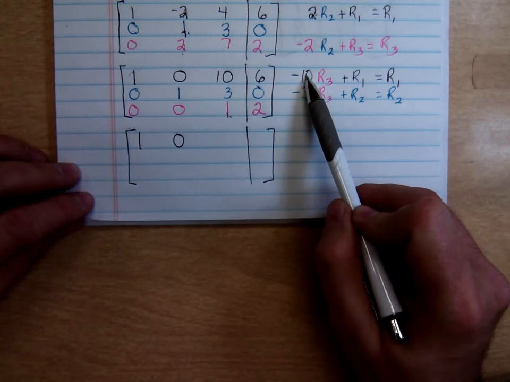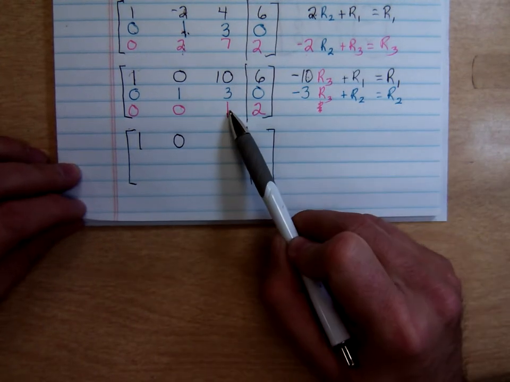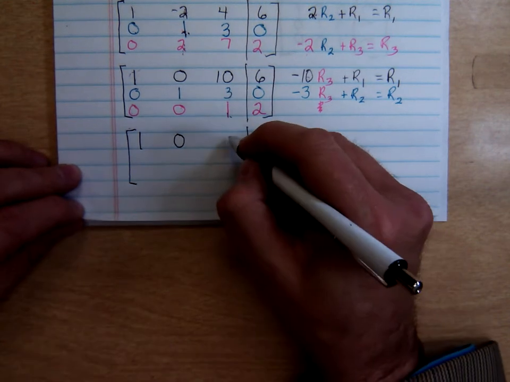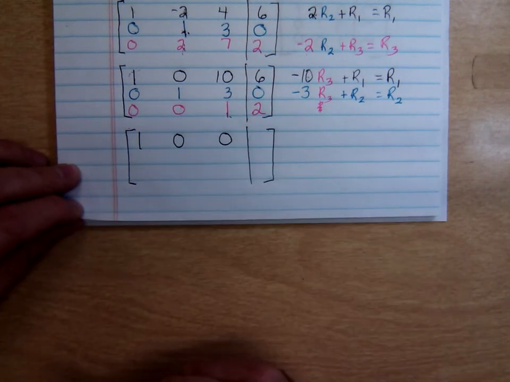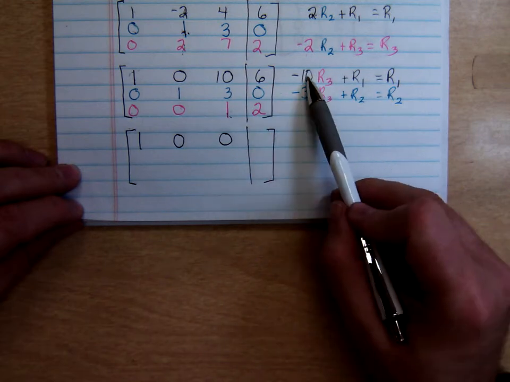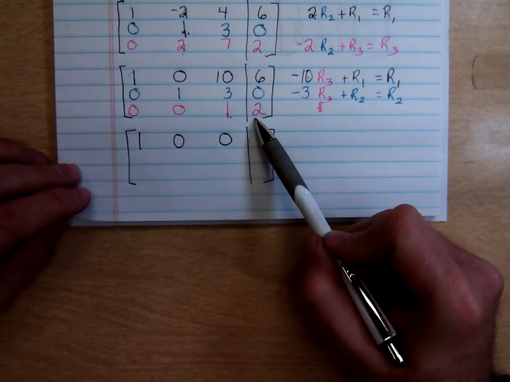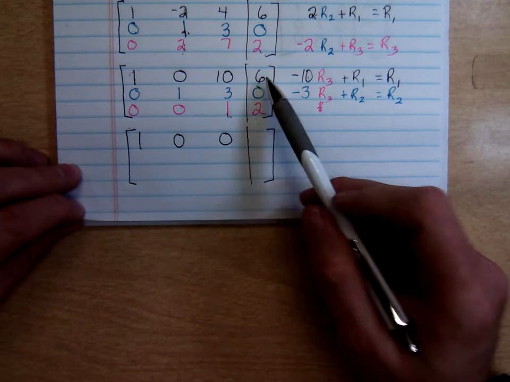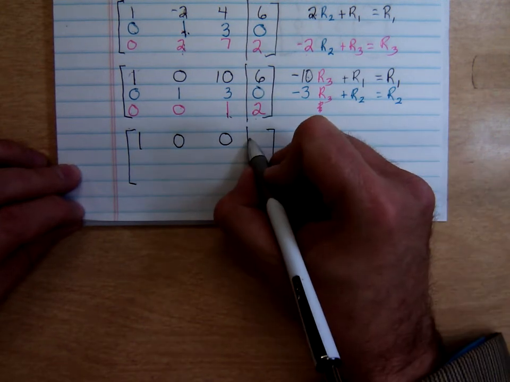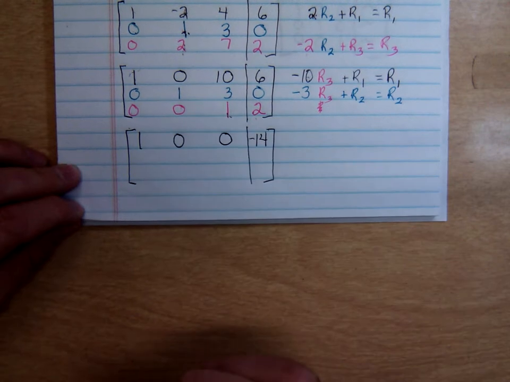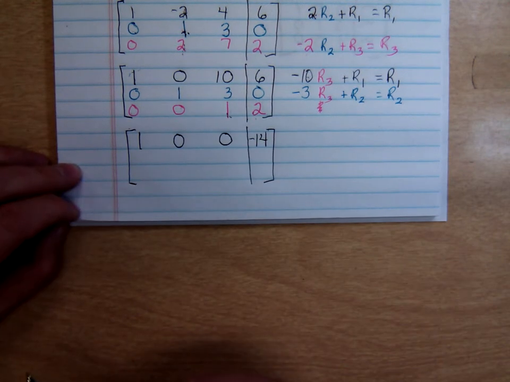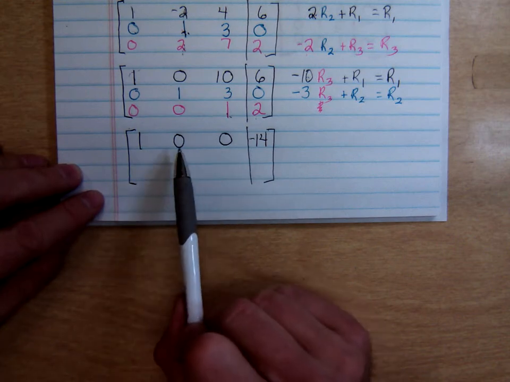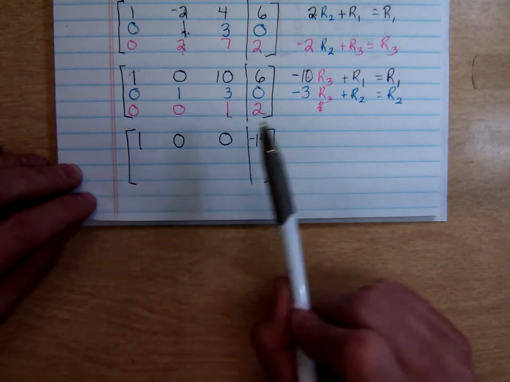Negative 10 times pink 1 plus 10. That's getting you the 0 that you needed there. Negative 10 times pink 2 is negative 20 plus 6. Is that going to be a negative 14? Any questions on how I got those numbers? Y'all following how I'm moving it around?